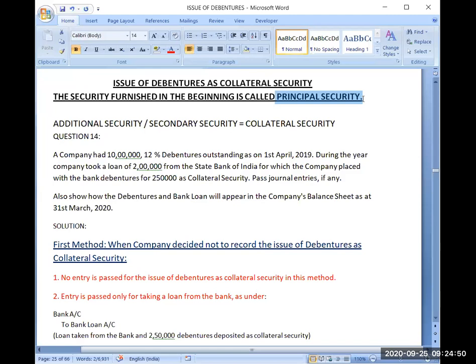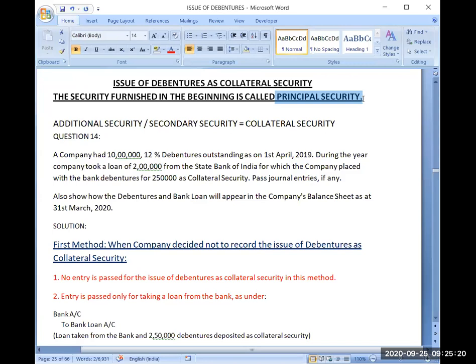And if somehow principal security is not able to recover the whole amount of loan, then this collateral security will be executed at that time. So the collateral security can be realized only when the principal security is not able to fulfill the loan liability.